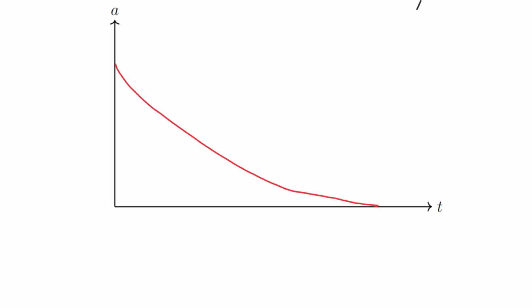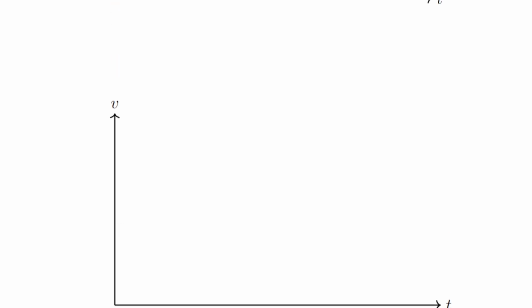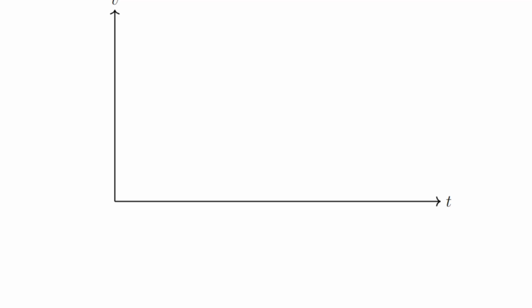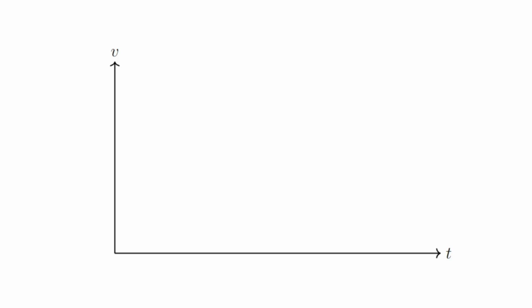Good enough. Then for velocity, we can think about it using a calculus approach, or I'll just do a conceptual approach. I'm going to start at the origin because I'm not moving. At the end, I'm not going to be pushed anymore, so I'm not changing my speed. Since the force is going to decrease over time, I'd start with a steep slope, then a shallower slope, then a shallower slope, and so on. So my velocity is going to cap out.